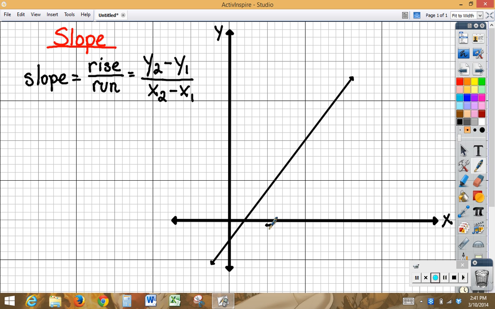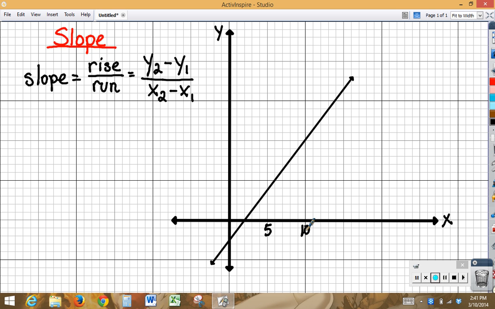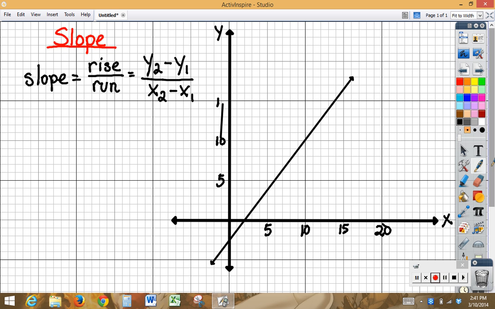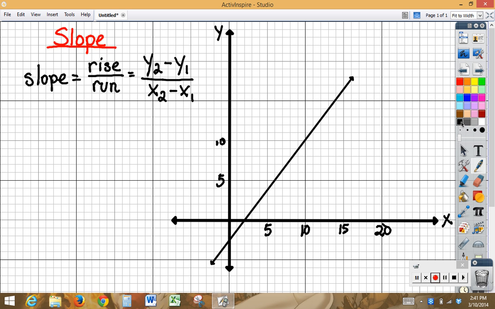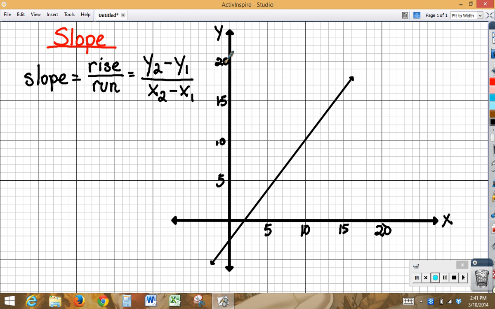So this is going to be 5, 10, 15, 20, and up here 5, 10, 15, 20.